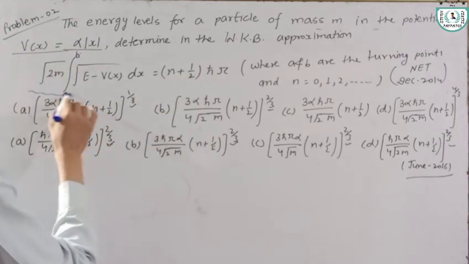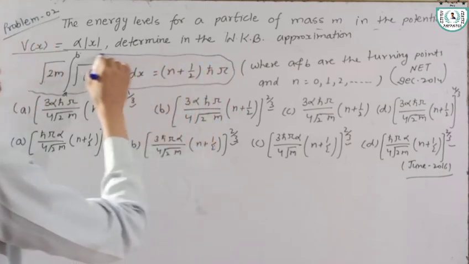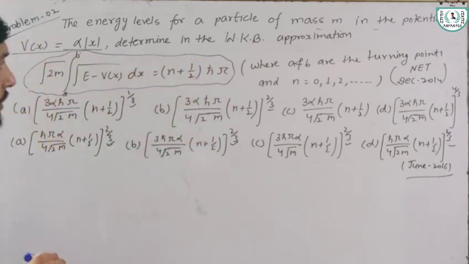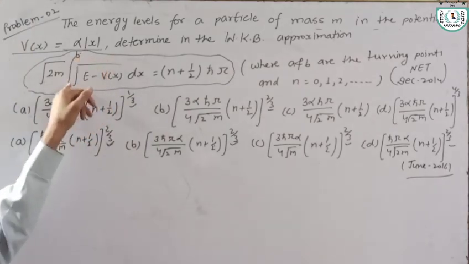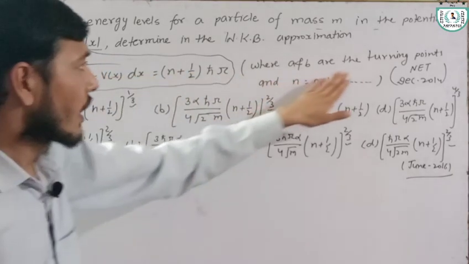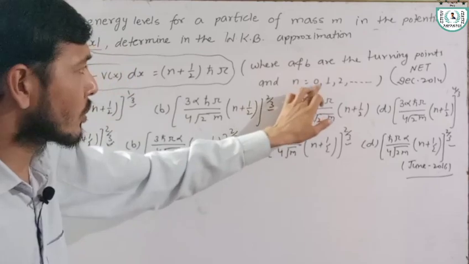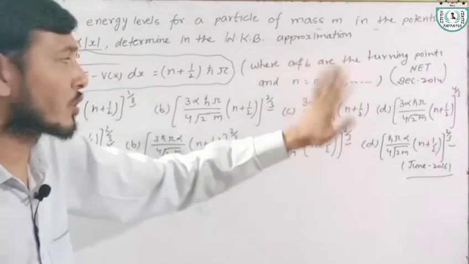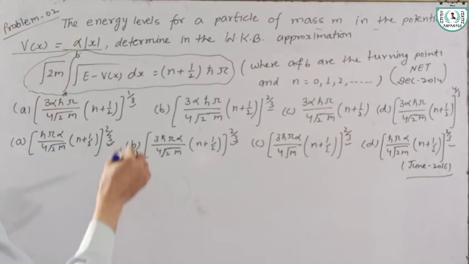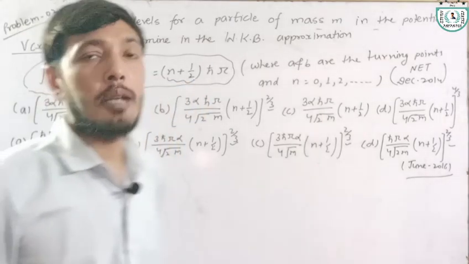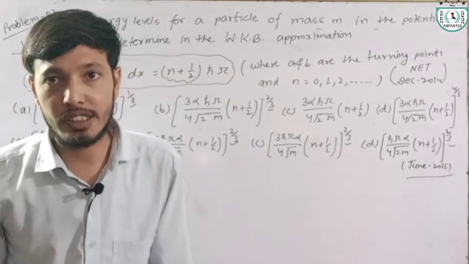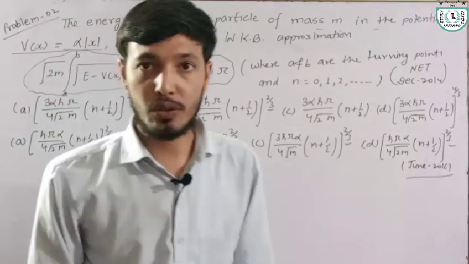This is the quantization condition, where a and b are the turning points, and n is equal to 0, 1, 2, 3 and so on. We can easily understand from here the n plus half, because n plus half is only for n equal to 0, 1, 2 and so on.